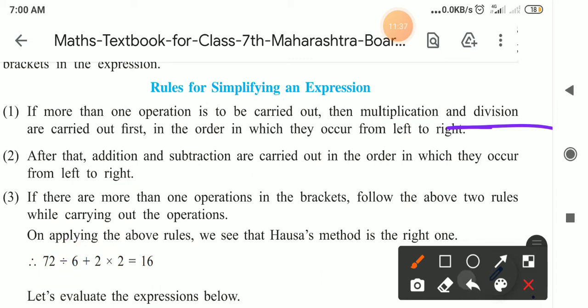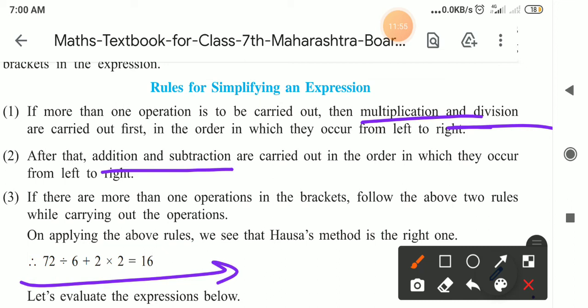First we do multiplication and division, after that addition and subtraction, and from left to right. If there is more than one operation in the brackets, follow the above rules.